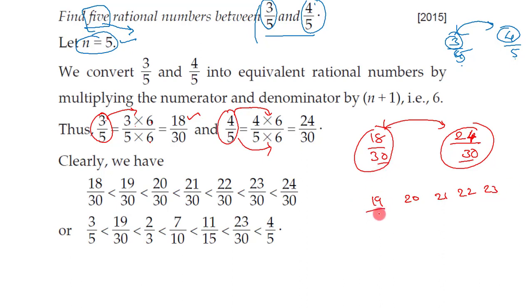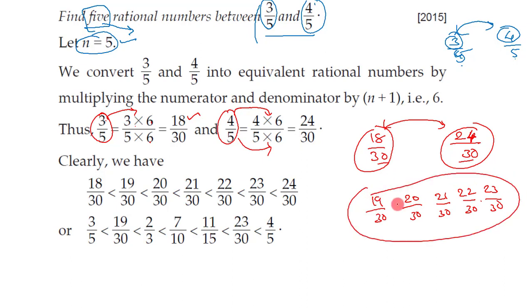So apply the denominator 30 to all these natural numbers, so that you get 5 rational numbers which lie between the two given rational numbers: 19 by 30, 20 by 30, 21 by 30, 22 by 30, 23 by 30. These are the 5 rational numbers which lie between 3 by 5 and 4 by 5.